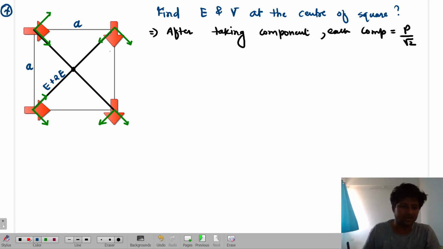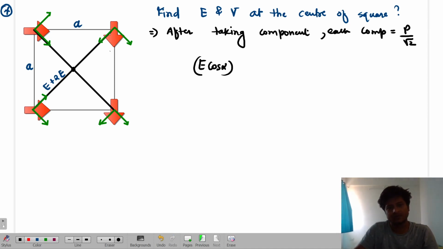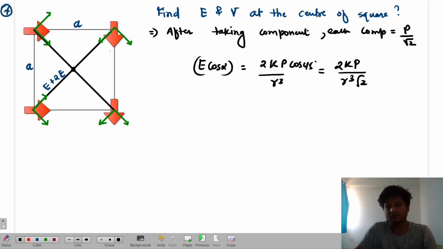So what can I write? See this. E cos alpha will be simple. What will it be? Twice K P cos 45 divided by R cube, or not. So what is this? Twice Kp by R cube into root 2.